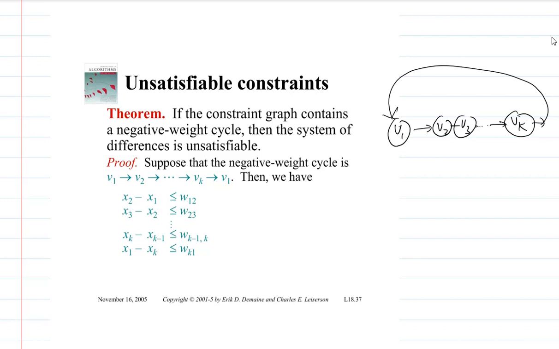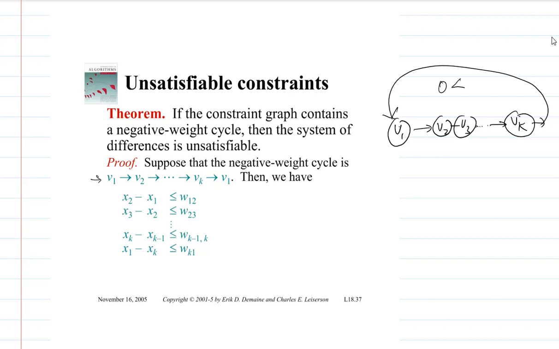Because we are talking about a negative weight cycle, this whole thing is less than 0. We are starting from V1 and ending at the same V1. That is why it is a cycle. This is the definition of a cycle.